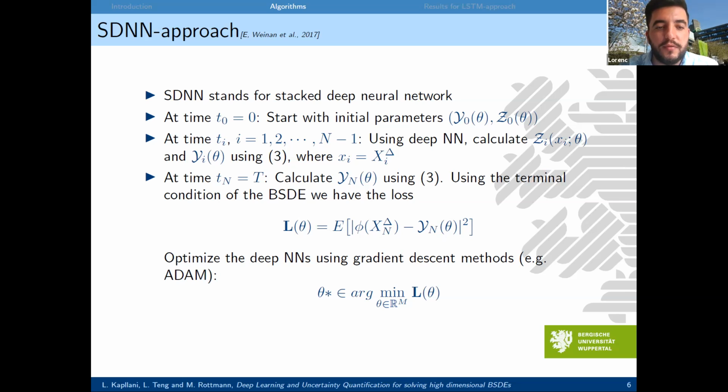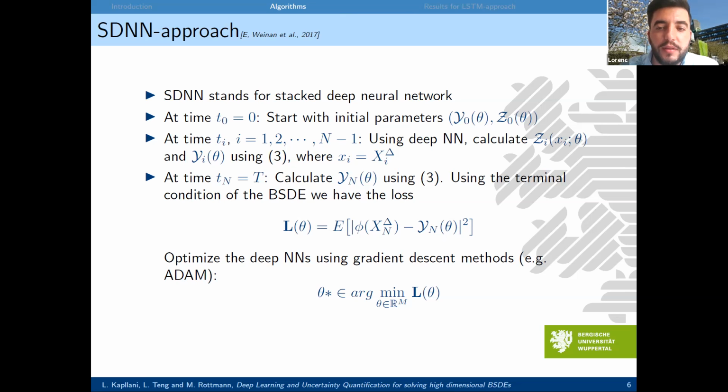And what we do is that for other times until before the maturity, we use a deep neural network to approximate the function Zi. And for Feynman-Kac, we know that this is a function of x, and x here is the value of the forward process at each time step. And this one we can easily calculate by using some Euler-Maruyama method or Milstein and so on.